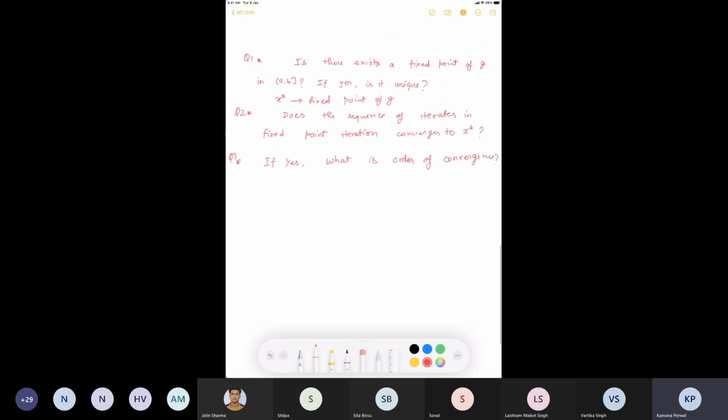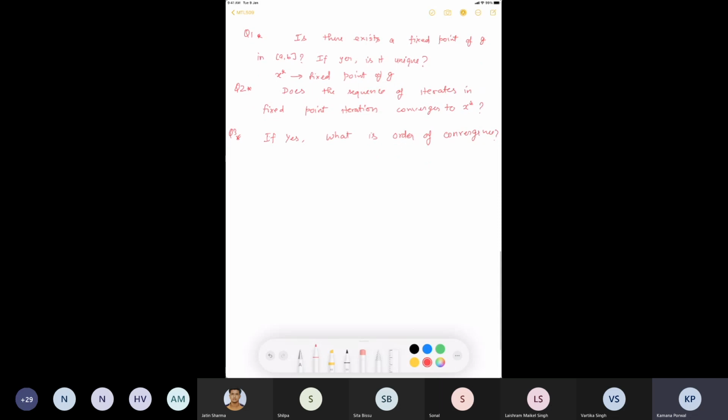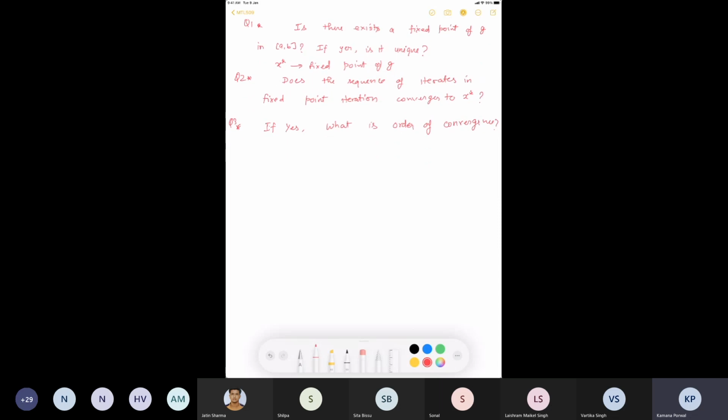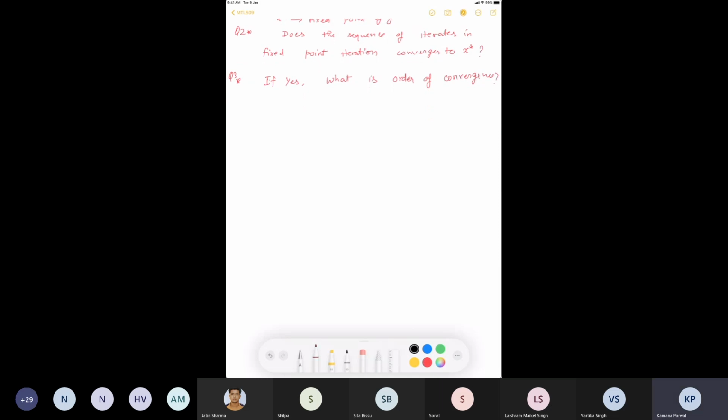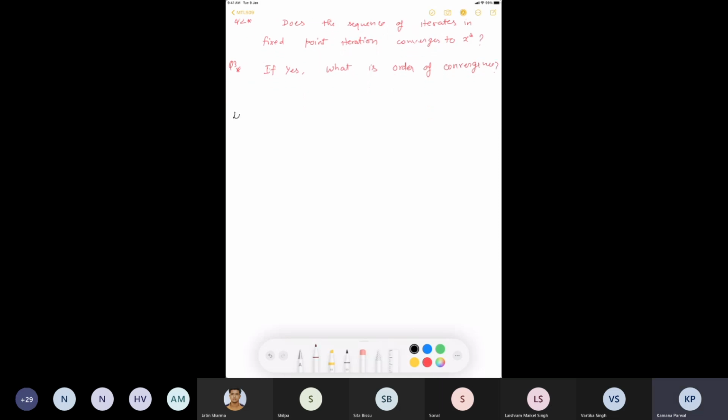So first of all, let's see under what conditions we can make sure that there will exist a fixed point of g and that it is going to be unique. I'm going to state this as a lemma here.